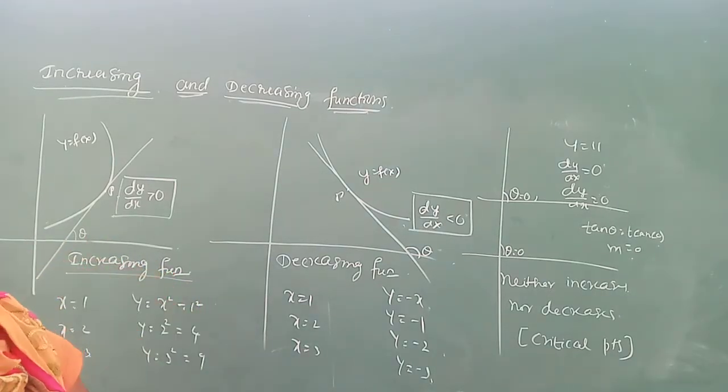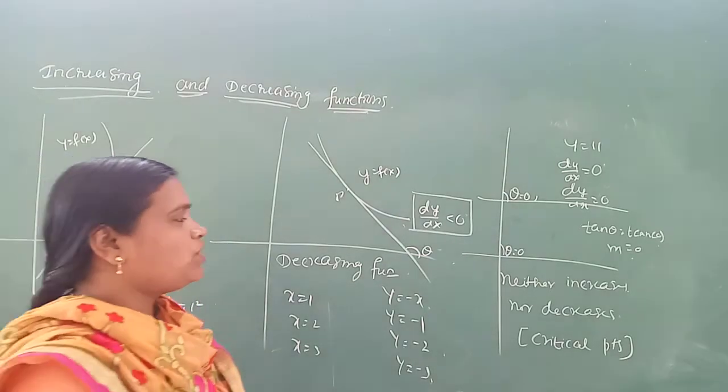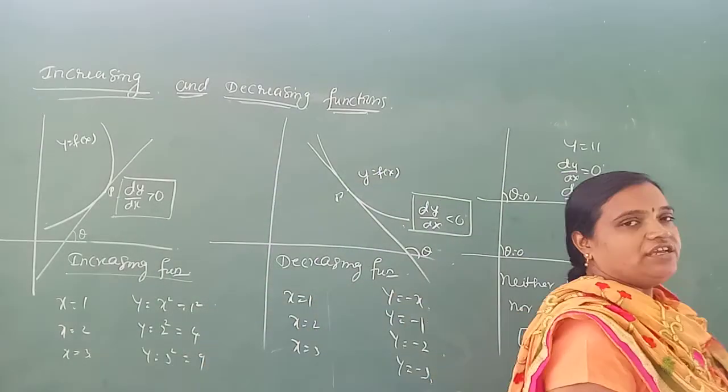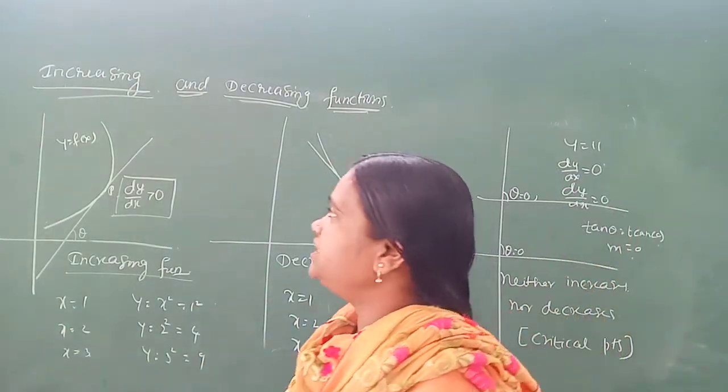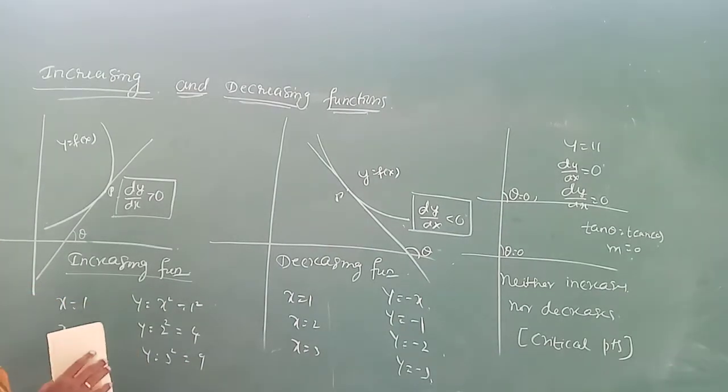Y should be stationary. If y is stationary, dy by dx is 0. Here the critical point exists. Please remember that.